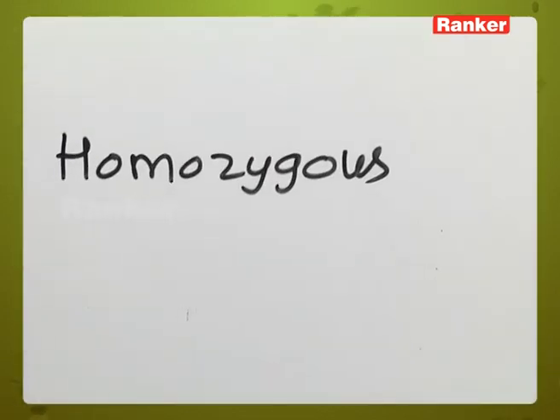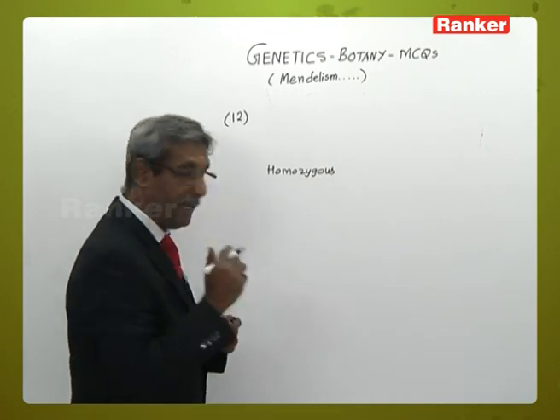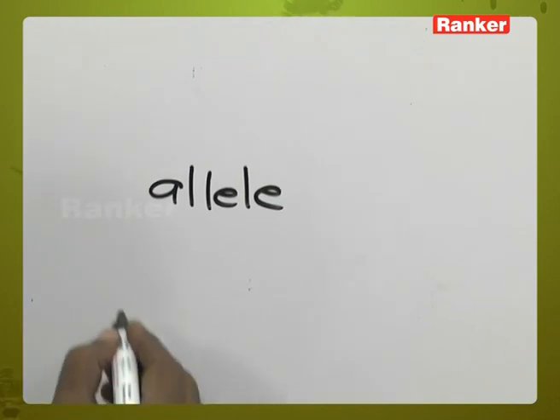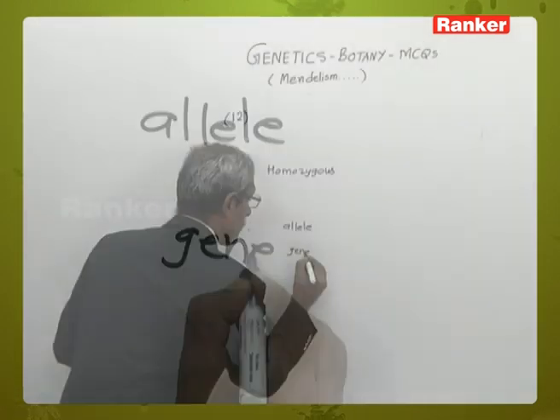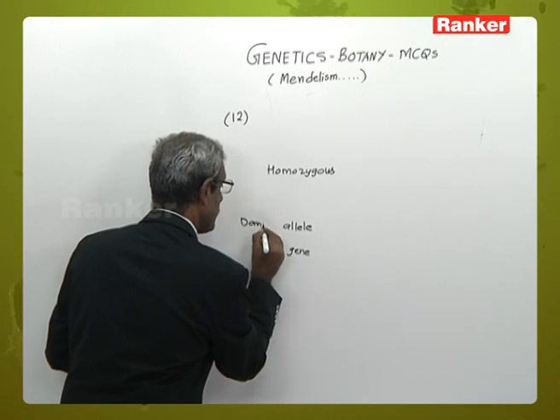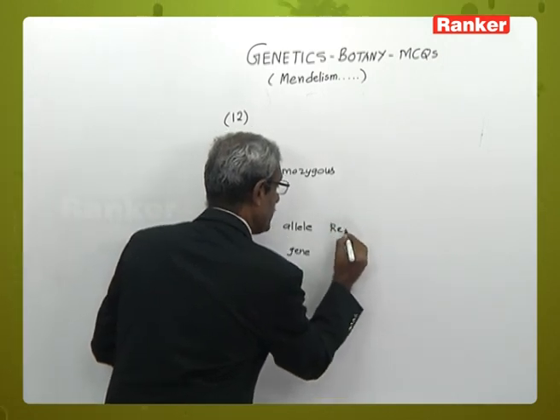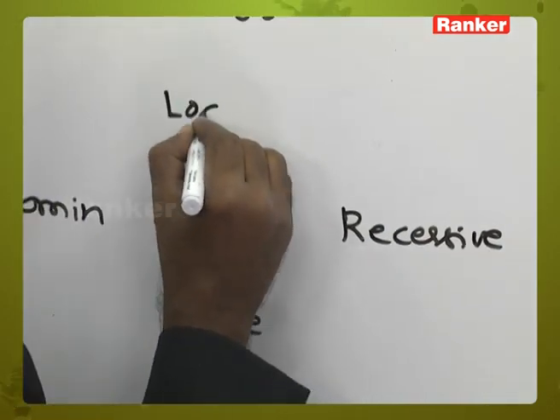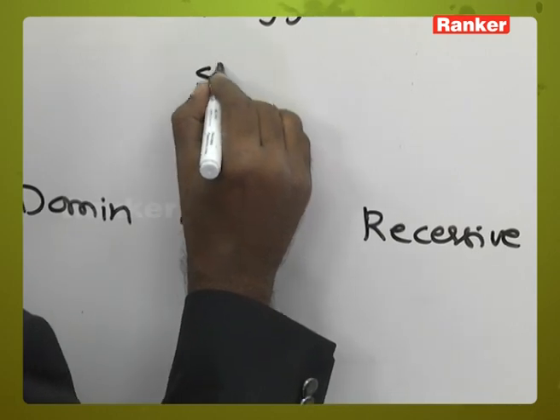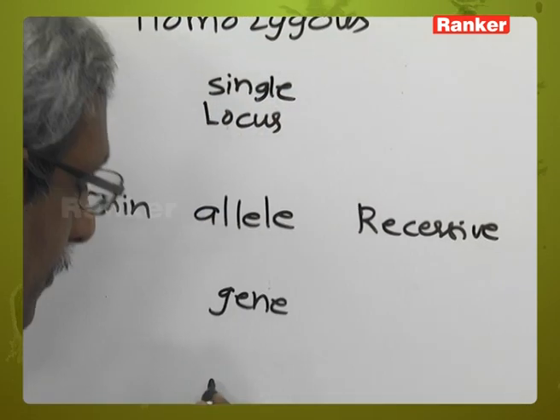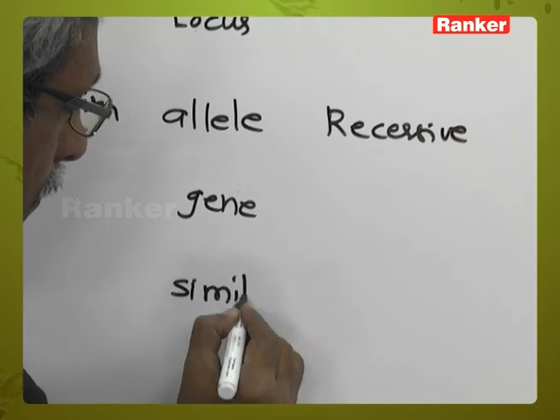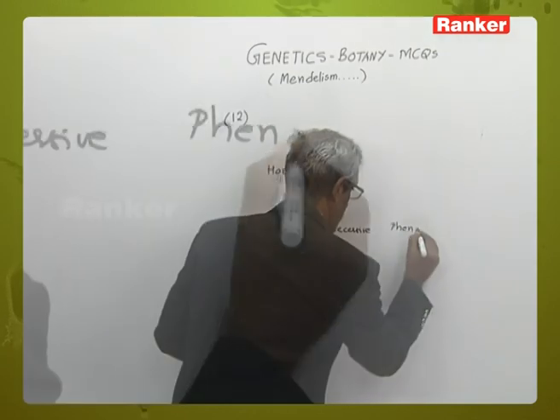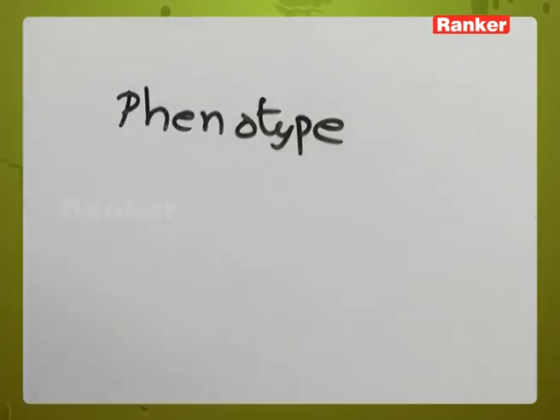The homozygous condition indicates when an allele, which is indicated as a gene with a dominant and a recessive trait at one single locus, and which is similar, responsible for the formation of a typical phenotype.